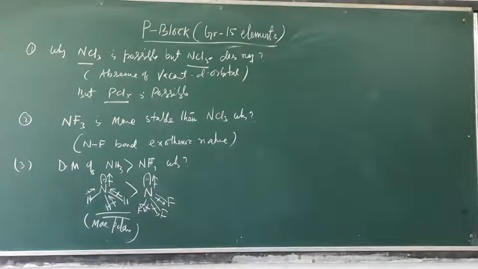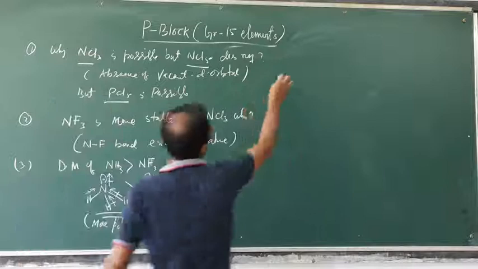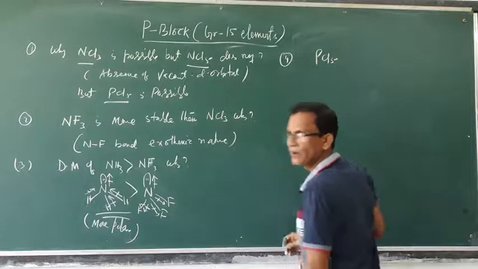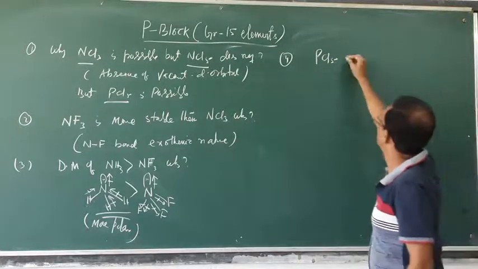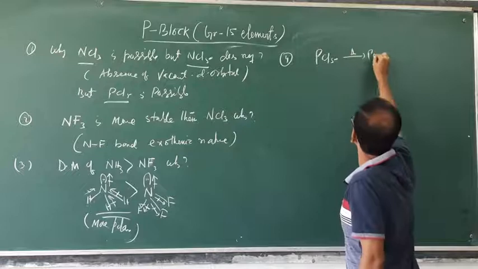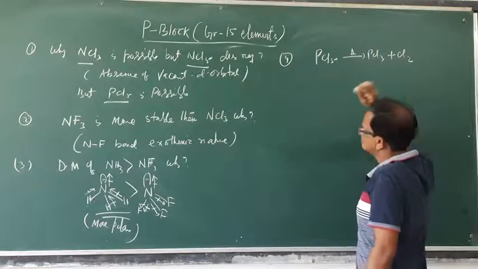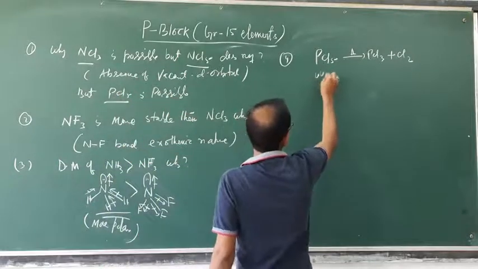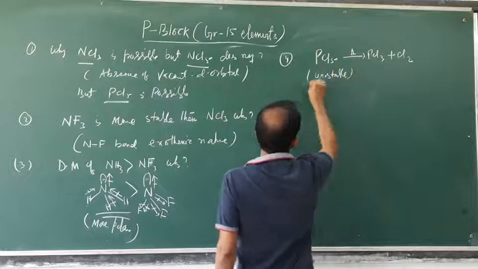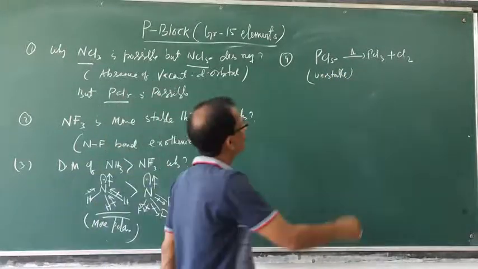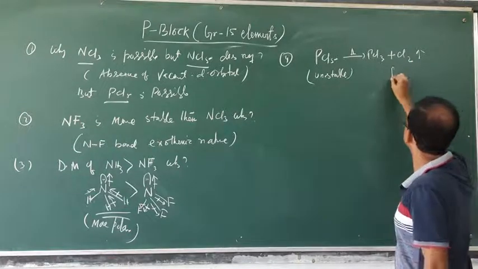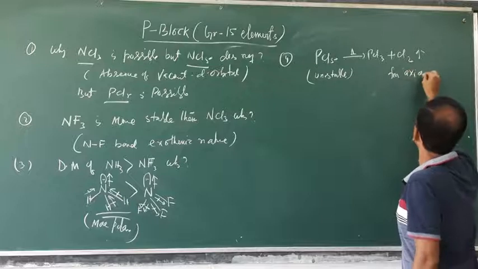And the PCl5 molecule, if you see, when heated produces PCl3 and Cl2. That means it is thermally unstable. When it decomposes it produces chlorine, and this chlorine is produced from the axial bond.